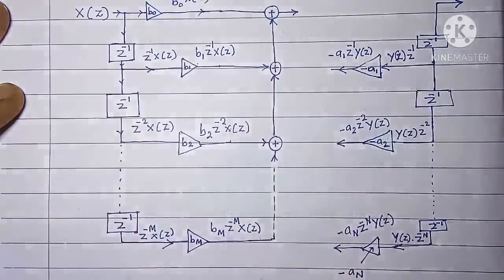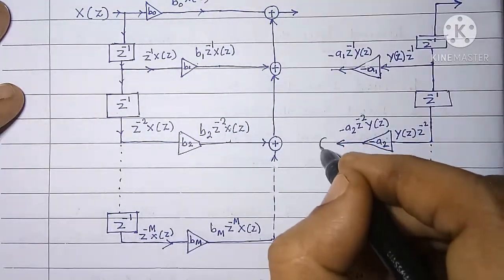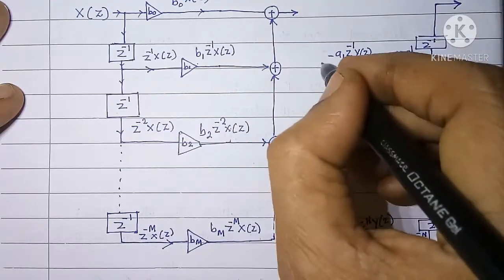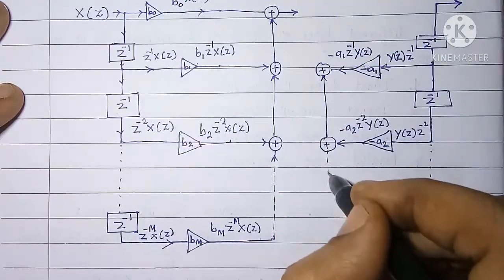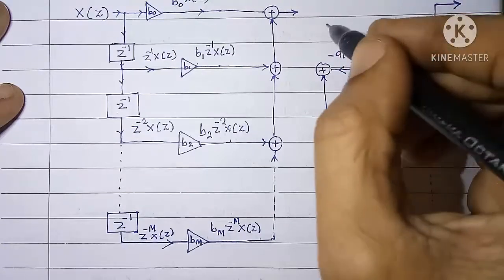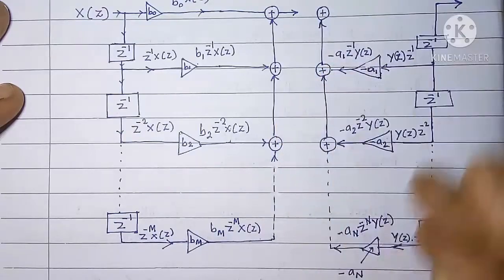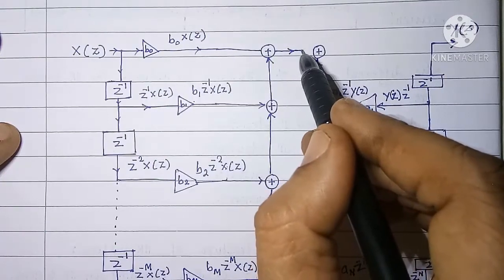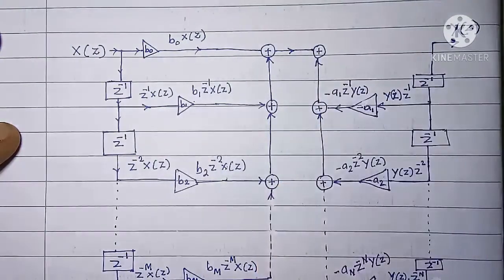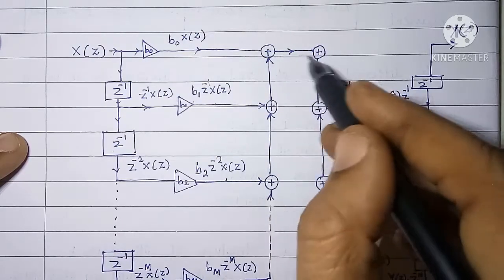Now we have to add all these outputs. For that we will make use of adders. To add x of z and their delayed versions to the delayed versions of y of z, we will join these two.